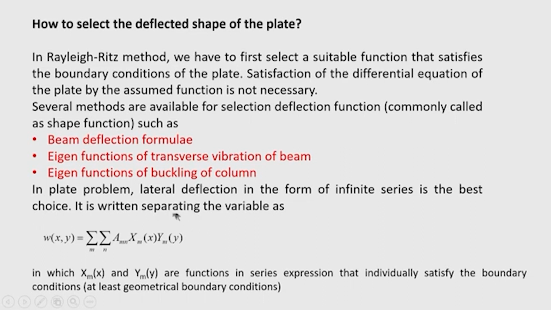Okay. Then another possible method is the eigenfunction of the transverse vibration of a beam. Transverse vibration of a beam is generally represented by a fourth order partial differential equation.